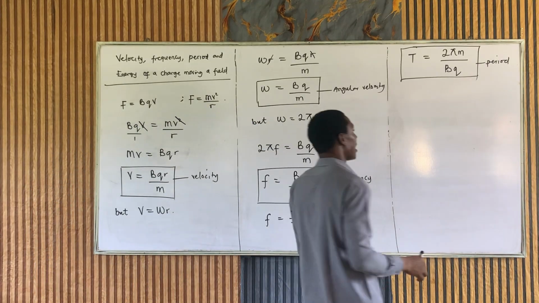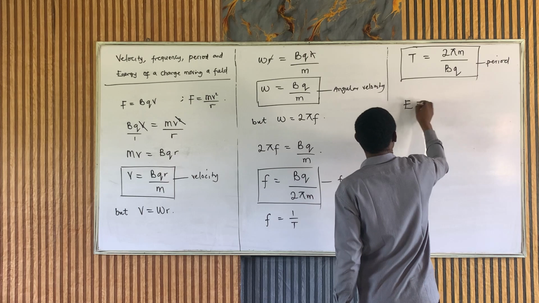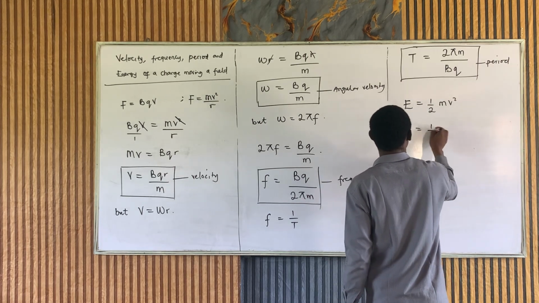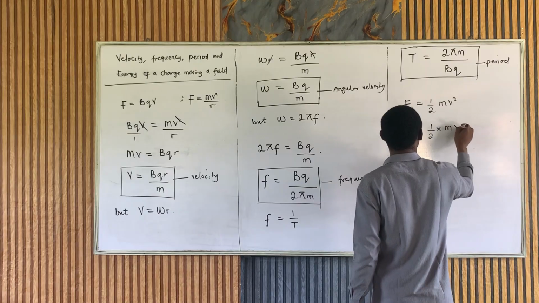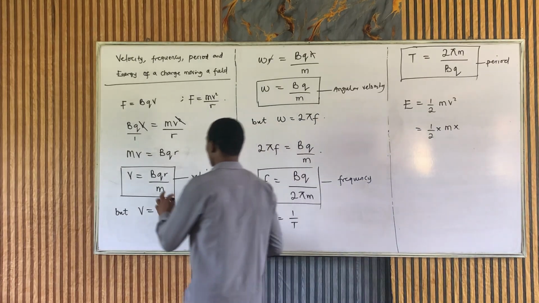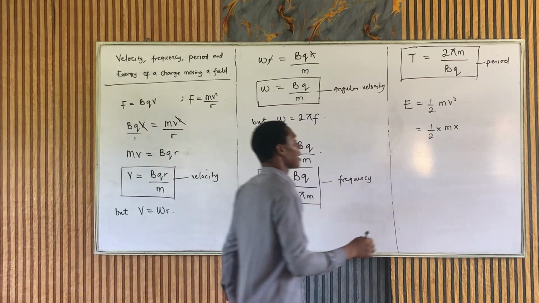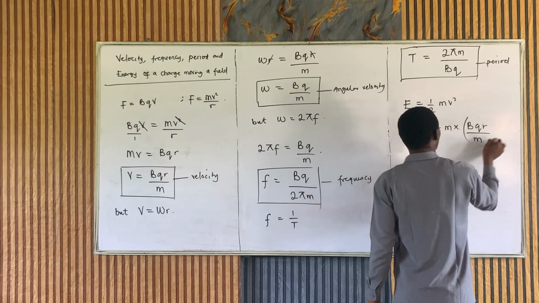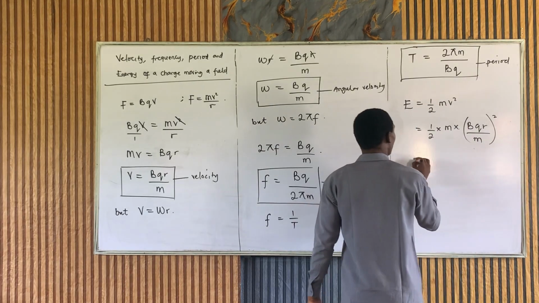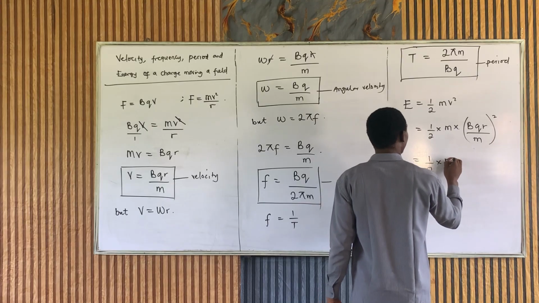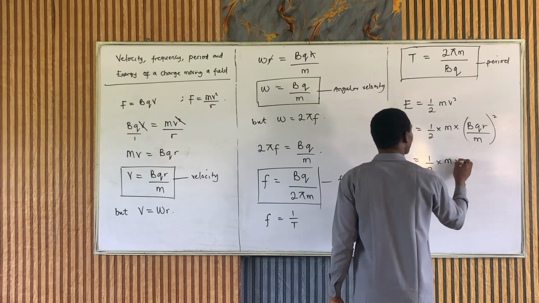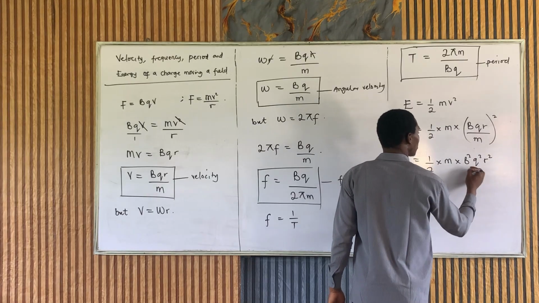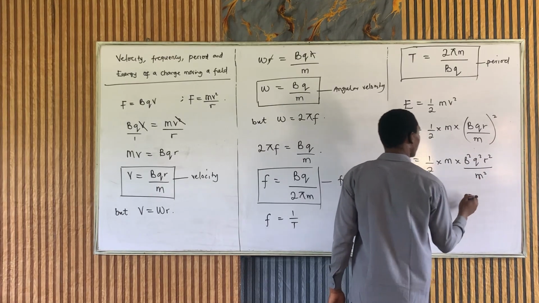Now, the last is energy. We know energy is half mv squared. So that will be half times m times, we've gotten velocity already, to be BQR over m, squared. And this will be 1 over 2 times m times B squared times Q squared times R squared over m squared.